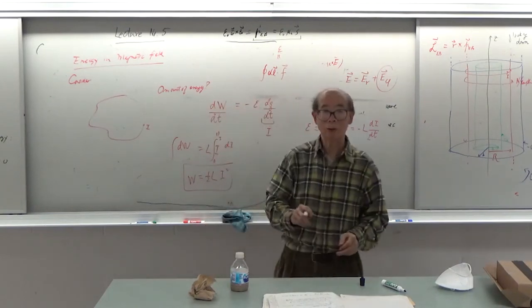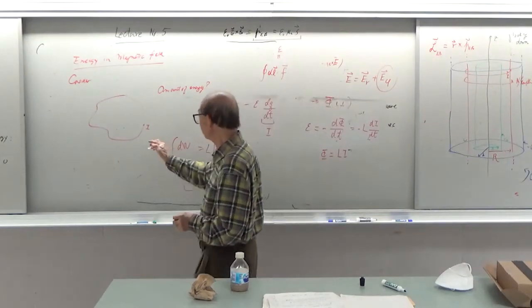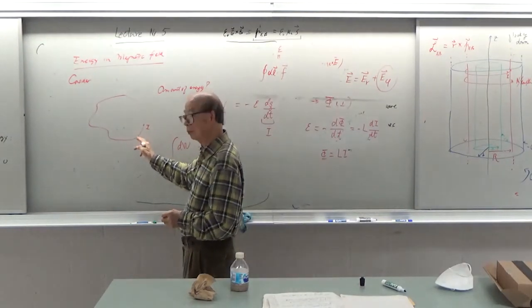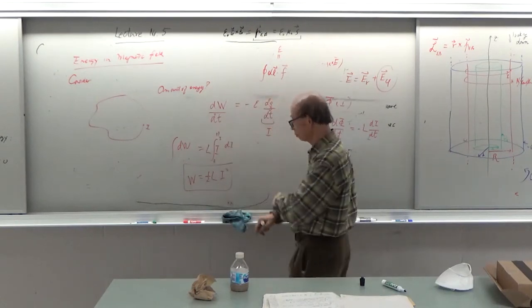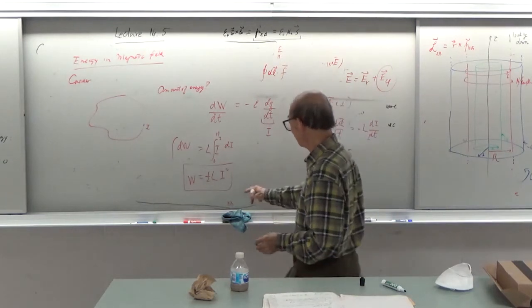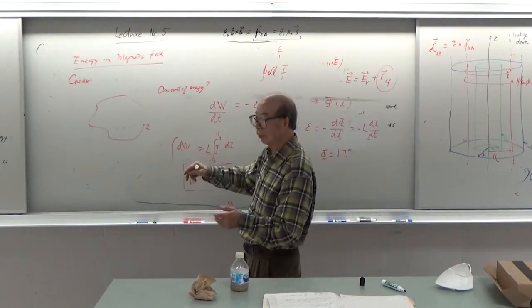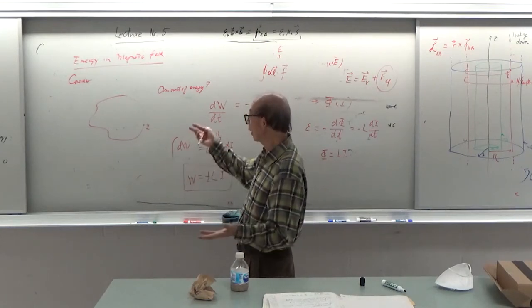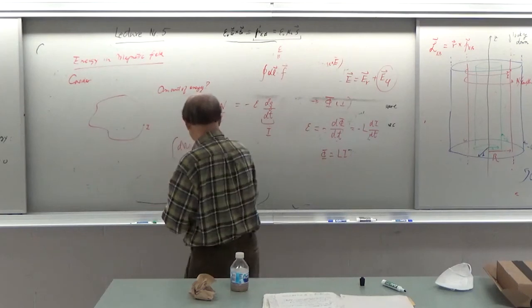So the amount of work that one has to do to get the current in that circuit to go from 0 to I is that much. That's one form for the expression, and of course this amount of energy can be stored in the system. So that's why it's energy in the magnetic field.